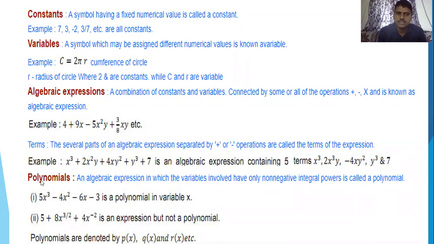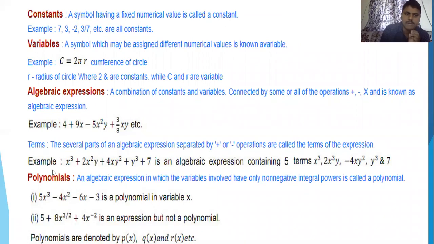Now children, term. Subhasri, read out term. The several parts of an algebraic expression separated by plus or minus operations are called the terms of the expression. Okay, Aprajita, ready.